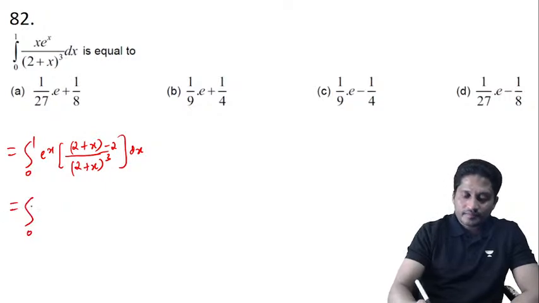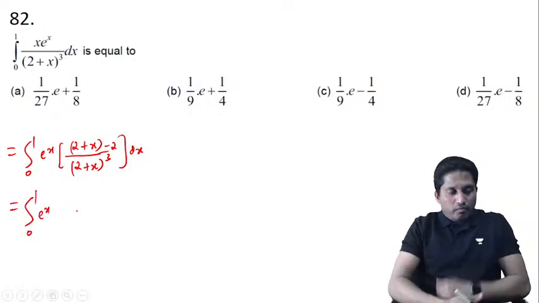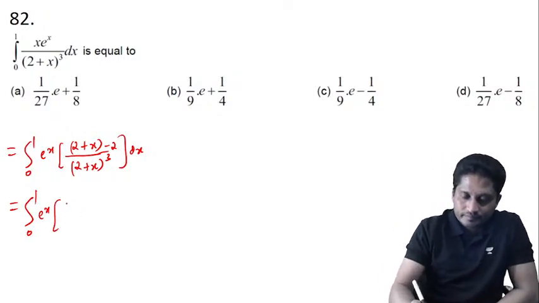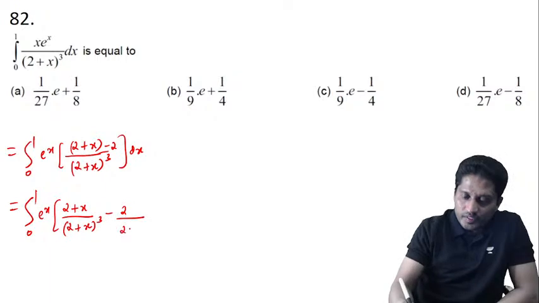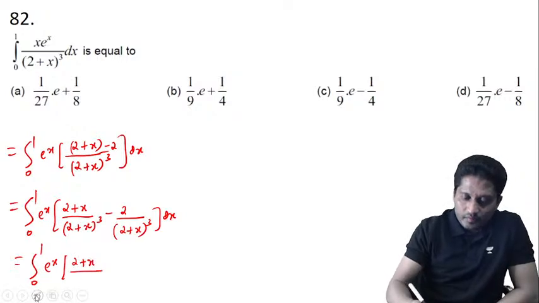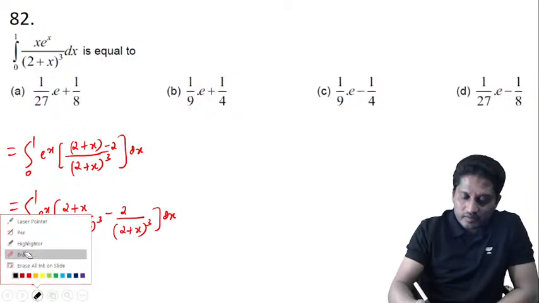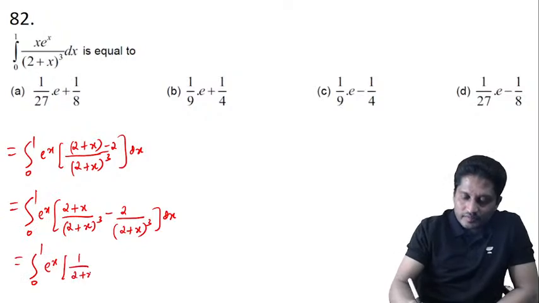This is 0 to 1 e power x, 2 plus x divided by 2 plus x the whole cube minus 2 divided by 2 plus x the whole cube, dx. So this is 0 to 1 e power x, 2 plus x by 2 plus x the whole cube. If I divide, you get 1 upon 2 plus x the whole square minus 3 upon 2 plus x the whole cube. Okay, and then this is dx.